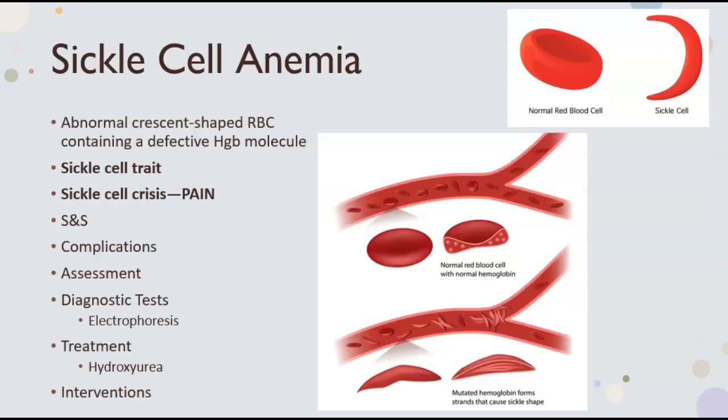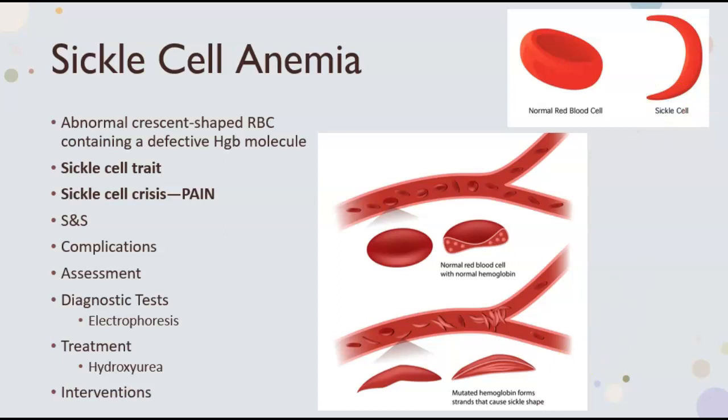The last anemia we'll talk about is sickle cell anemia. So this is when the red blood cells are an abnormal crescent shape and they contain a defective hemoglobin molecule. You can see up here, this is what a normal red blood cell looks like, and your sickle cell anemia red blood cells are going to look like a sickle shape.